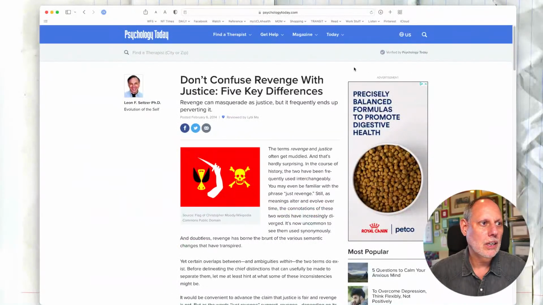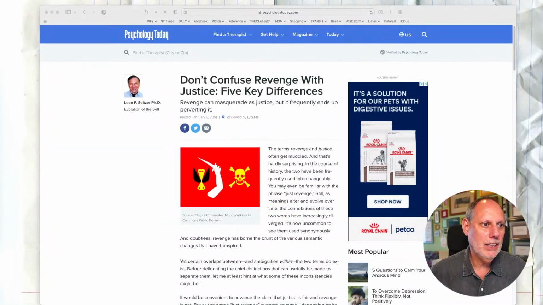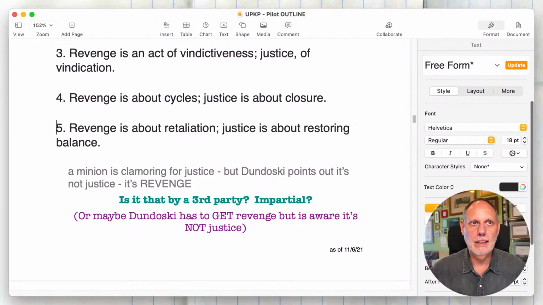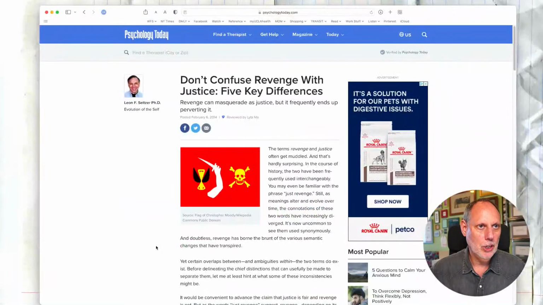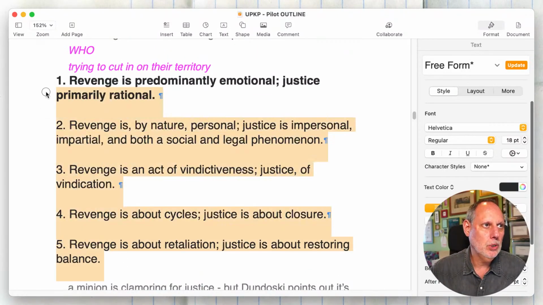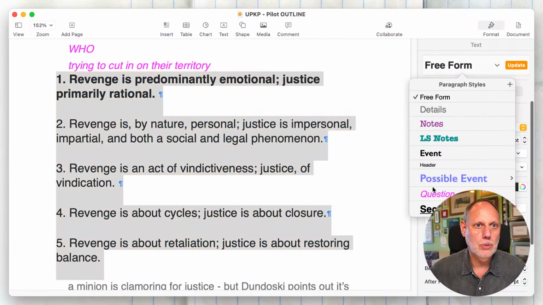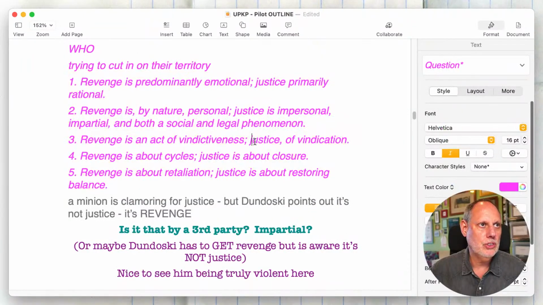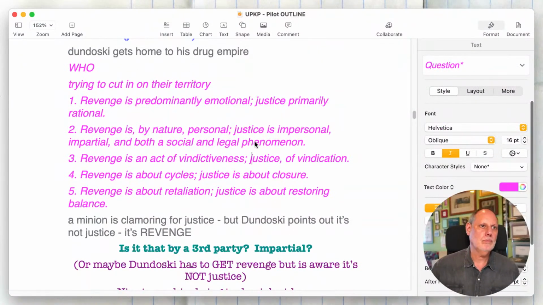Dr. Leon F. Seltzer, PhD, has in Psychology Today written about confusing revenge with justice, 5 key differences, and I like that. That's cool. Okay, so now let's put this into question form just because it's easy to do.